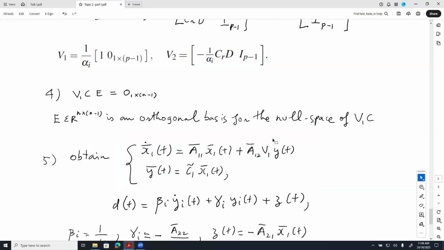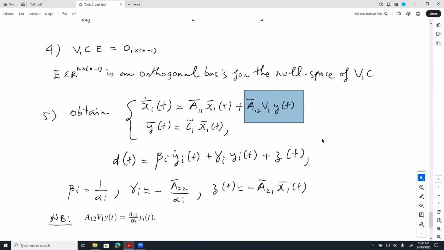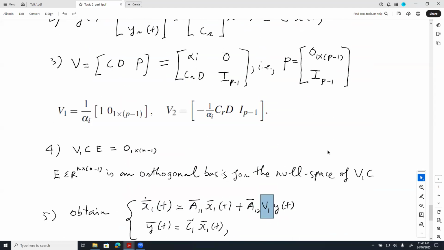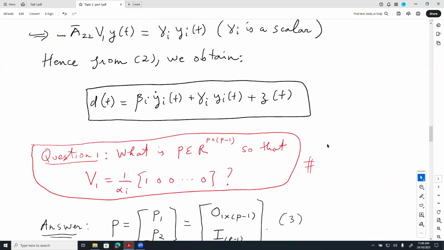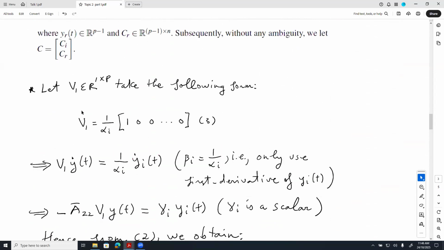And also, that term only contains the measurement yi of t. The reason is that V1 is now of the special structure according to equation 3. Even though it is a row vector, it actually has an element equal to non-zero.